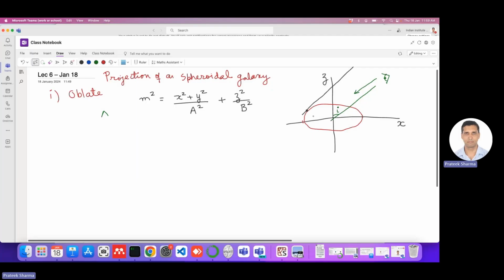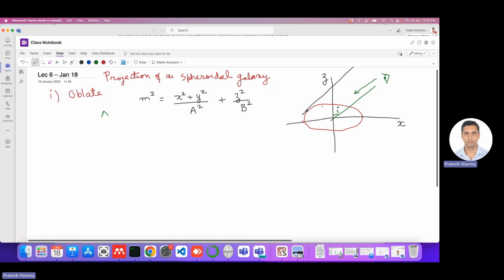This is the tangent point, right? This is a point which is tangent to this ellipse as seen from the observer. So this is a disk that we are viewing.